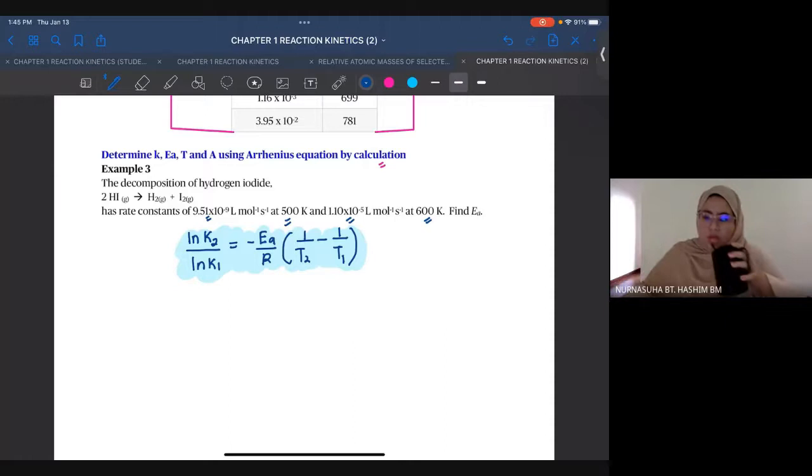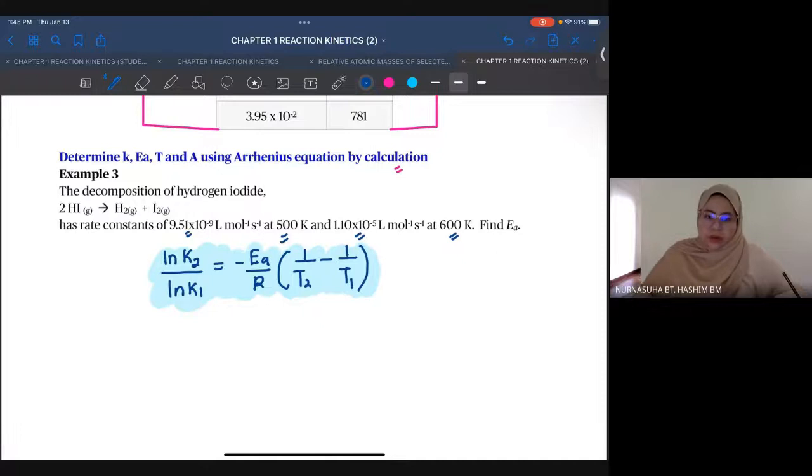Ini equation terakhir. Okay, so how to solve this one?